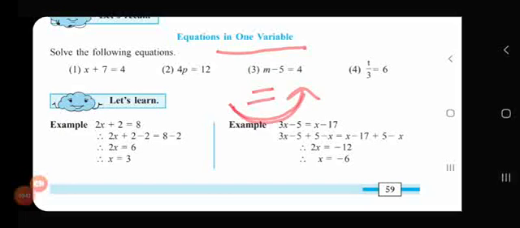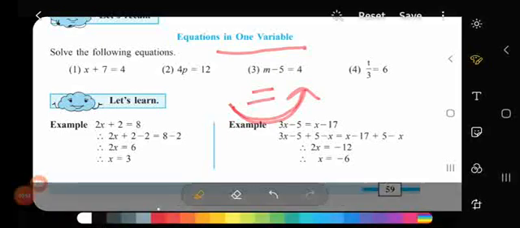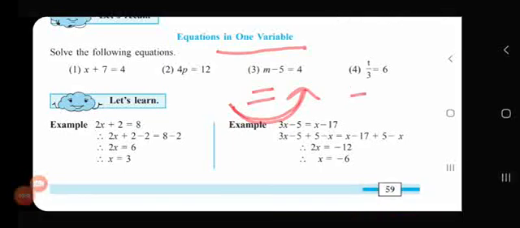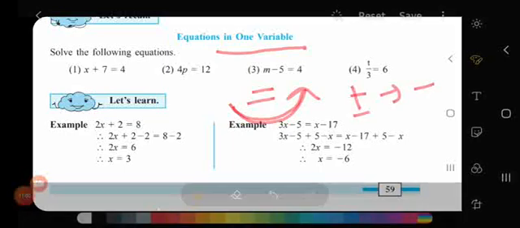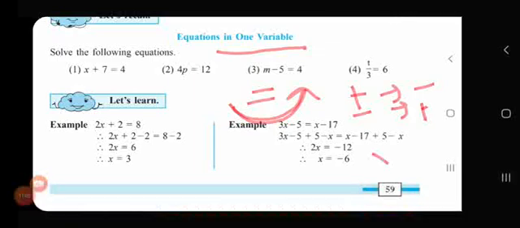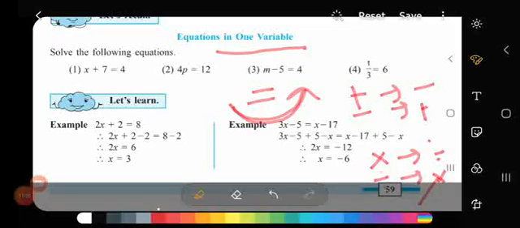During this transpose, signs change: positive becomes negative, negative becomes positive, multiplication becomes division, and division becomes multiplication. These rules we have to follow when we send any term from one side to the other side of equal to, and accordingly we find the value of the variables.